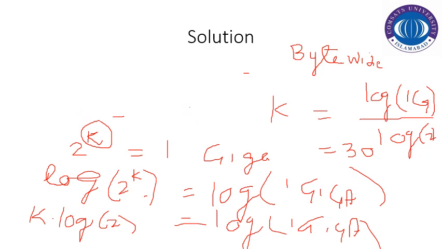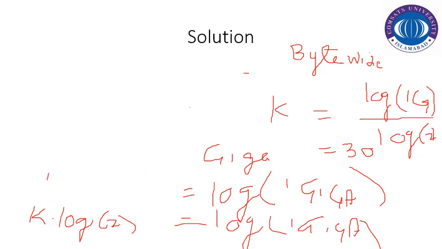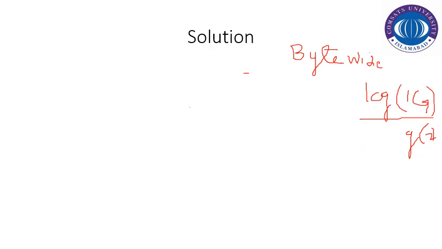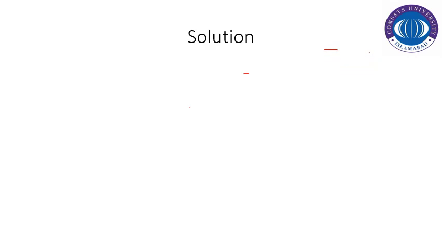So let us see, if we change the data size on each location, what would be the effect on the address lines. For example, now the memory is having the same capacity, 1 gigabyte. Total capacity, I am representing capacity as CAP, is equal to 1 gigabyte.